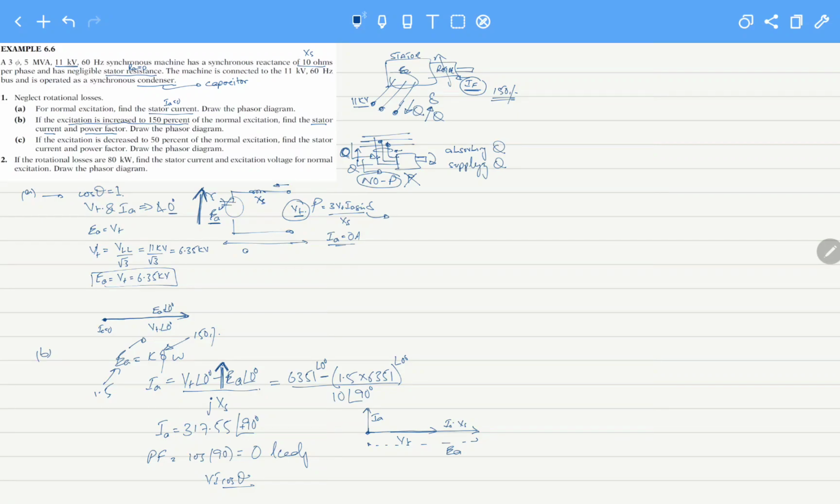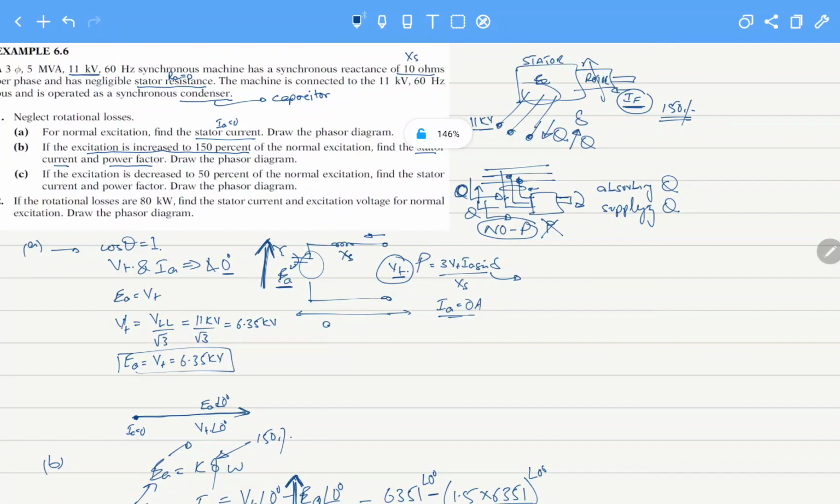The third part is similar, in which it says that if the excitation, that is the field current If, is decreased to 50%, find the stator current and power factor.